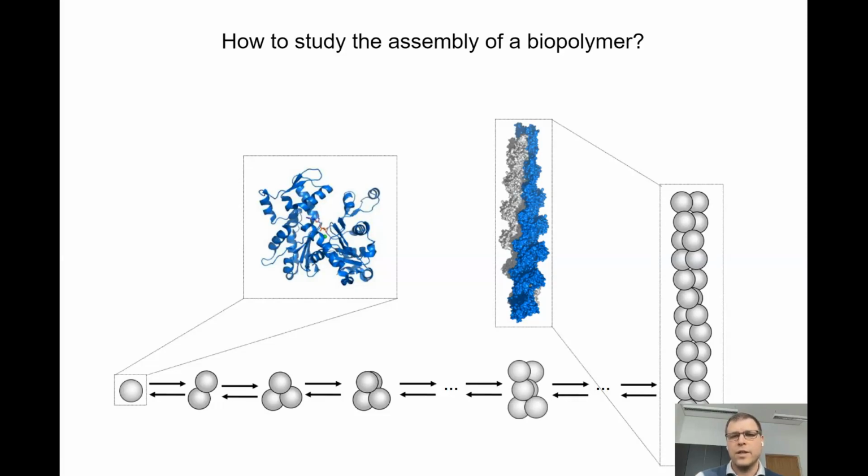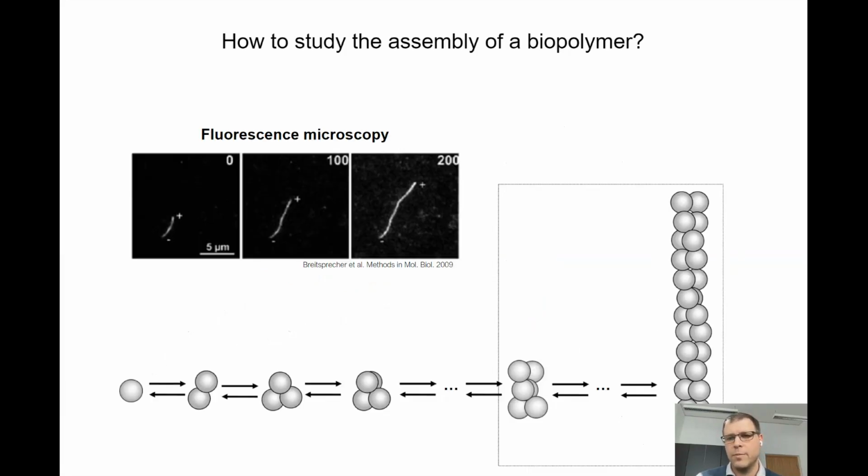But of course, looking at only the structure will not tell you much about how the polymerization process is regulated and how it actually functions dynamically. So if you want to learn something about the polymerization process dynamically, you will probably go to a lower resolution technique. Usually light microscopy techniques are employed for this.